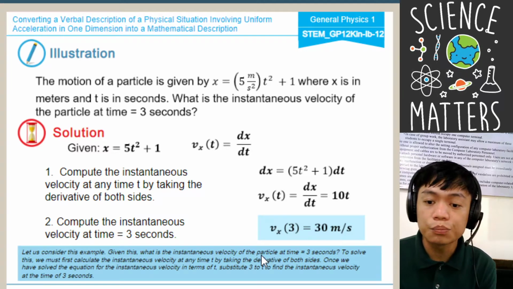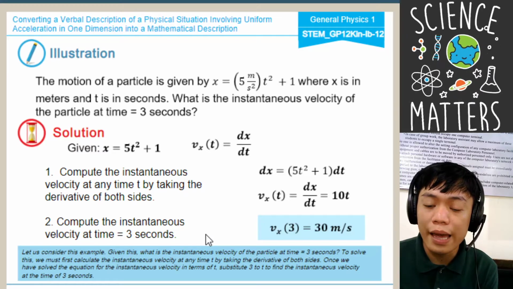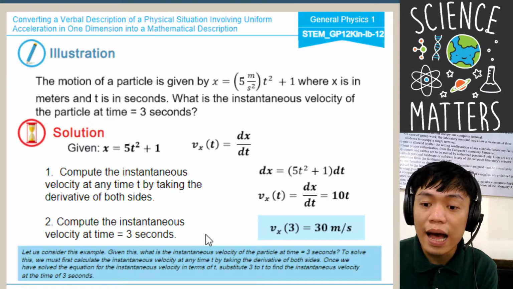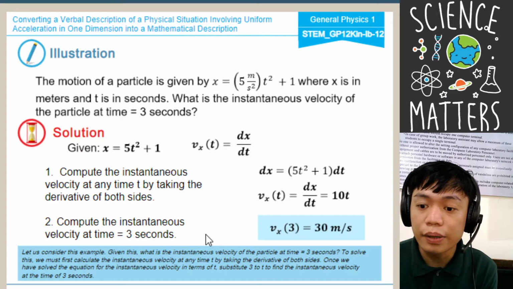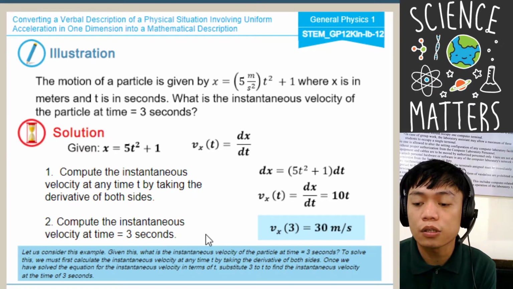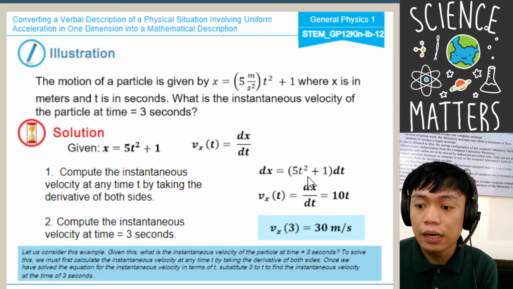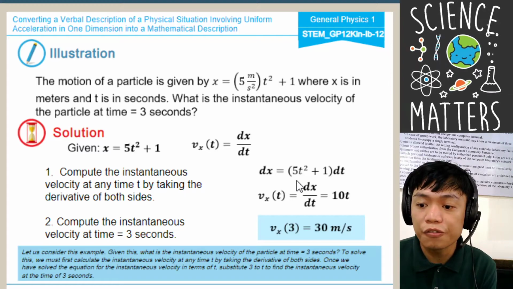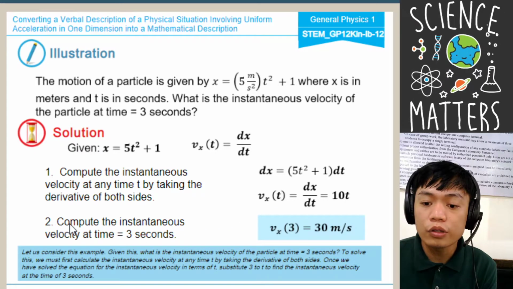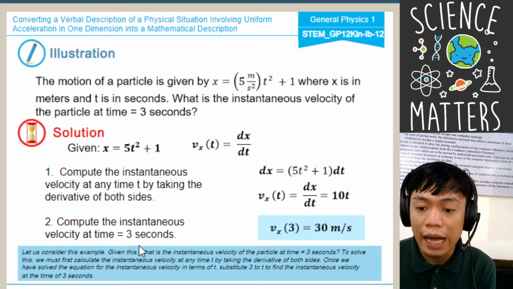So first, in order for us to solve this problem, we have to compute the instantaneous velocity at any time t by taking the derivative of both sides. So as you can see, the given values are indicated here. Okay, then we are just going to derive the formula to get dx is equal to 5t squared plus 1 multiplied by dt. Then you have to compute the instantaneous velocity at time 3 seconds.